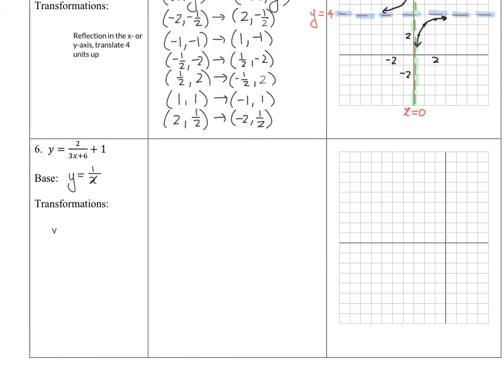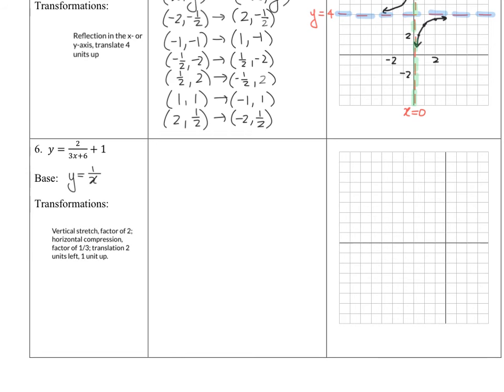We're going to have a vertical stretch by a factor of 2. We have a horizontal compression by a factor of 1/3. We have a translation 2 units to the left and 1 unit up.